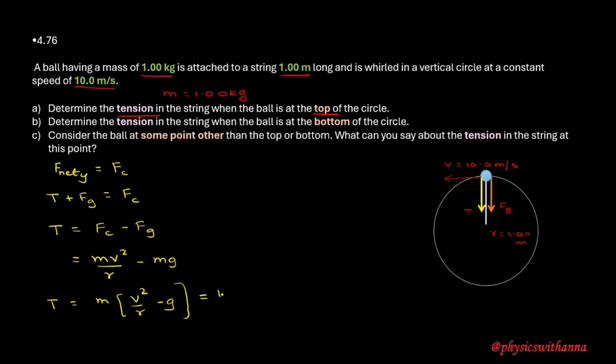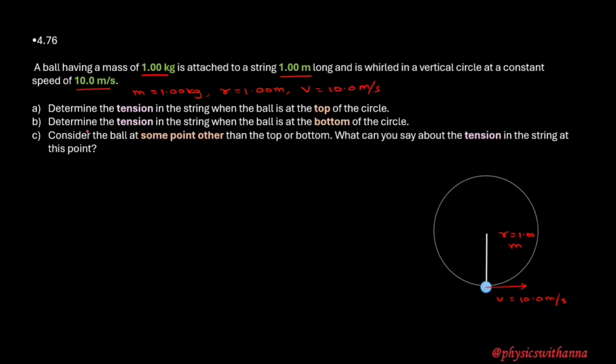Mass of the ball is 1 kilogram, speed v is 10 meter per second, so 10 squared, the radius r is 1, minus g is 9.81. When you solve this, you get the tension at the top of the string to be equal to 90.19 Newton, or you can round this off to 90.2 Newton.